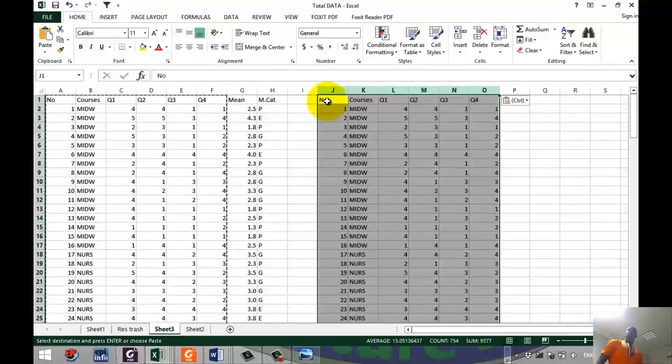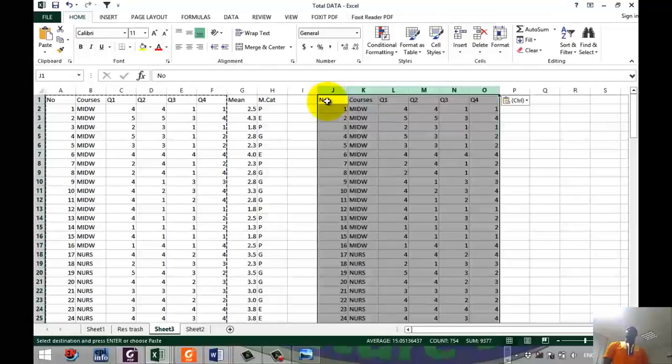Now, if you want to find a cumulative percentage for all of this domain, that's the 4 questions that are actually assessing the freshman's experience, then what you do is that you need to sum up for each individual the cumulative number of 4 and 5 that person made over the total response that a person gave.